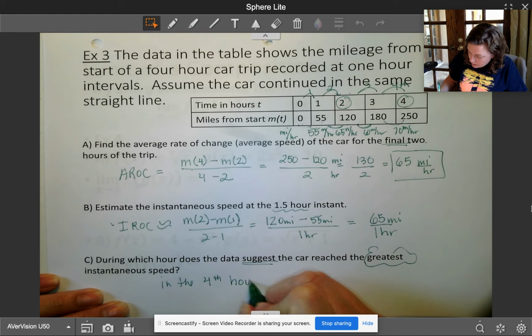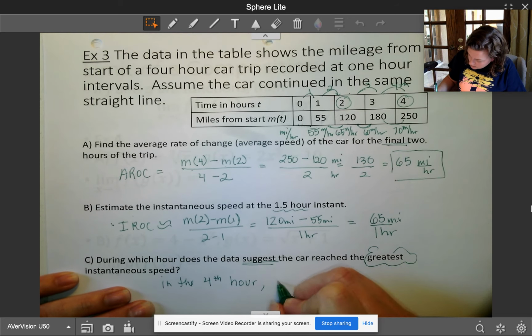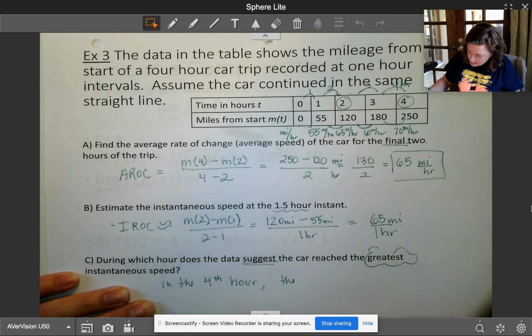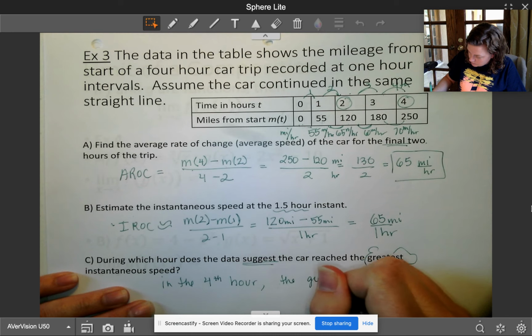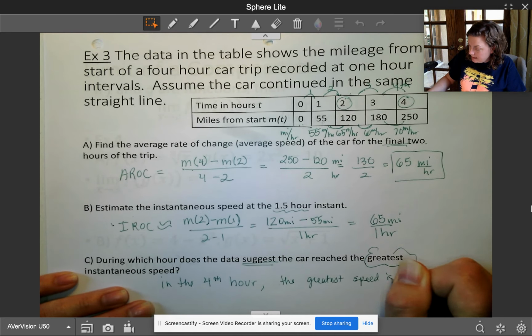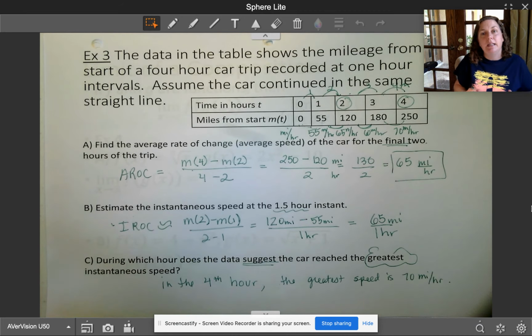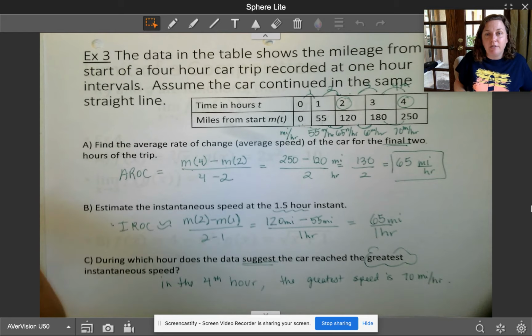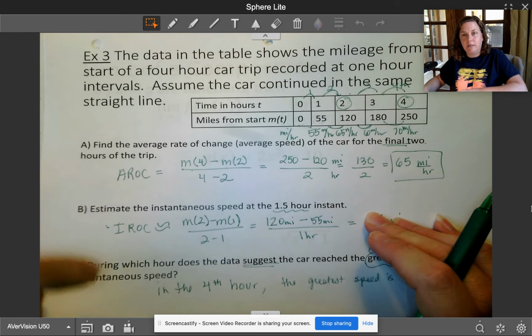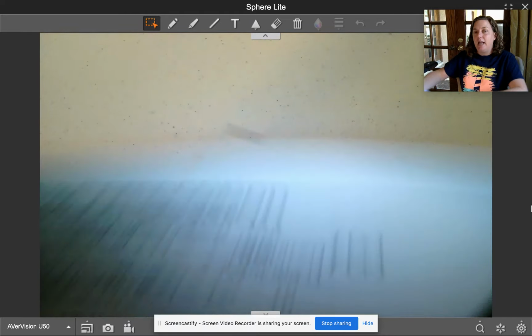In the fourth hour, the greatest speed is 70 miles per hour. Okay. So again, just calculating average rate of change a bunch. And the closer we can get to a point is instantaneous. All right, that's not so hard.